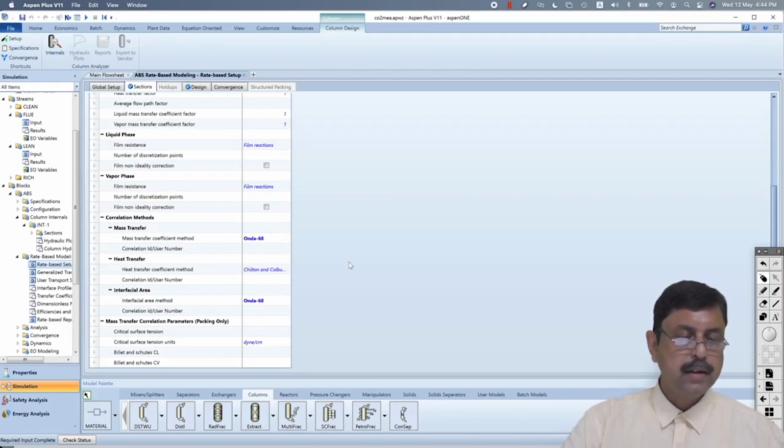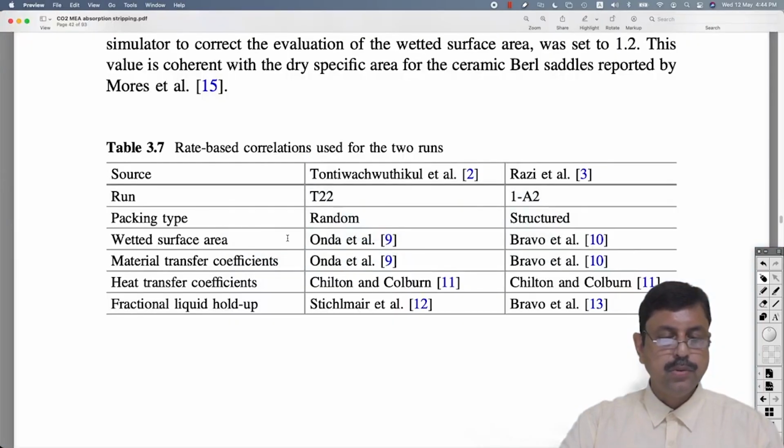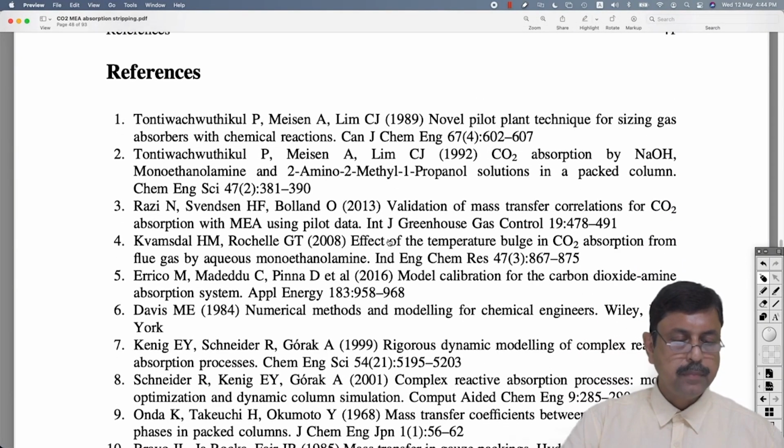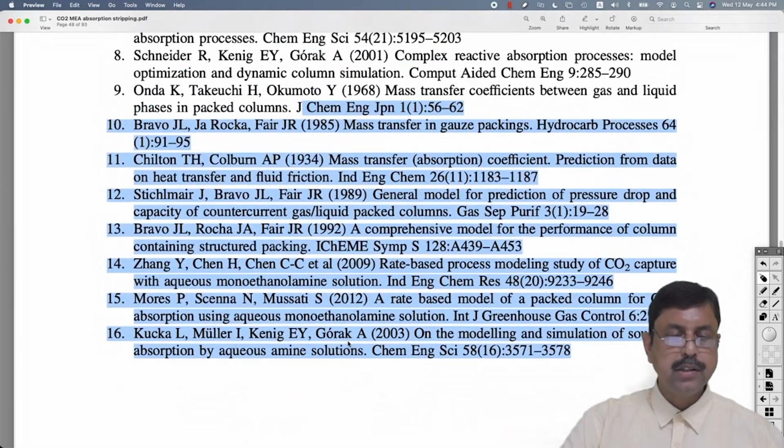Once it is done, this is open for you, mass transfer coefficient method. Okay, there are various methods available. Now, they have asked you to choose Onda et al. So, this is the paper, Onda et al. 1968, mass transfer coefficient between gas-liquid phases in packed column, Journal of Chemical Engineering, Japan.